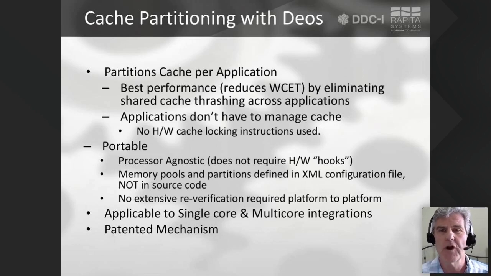For example, there are no hardware cache locking instructions used. In fact, many of the current ARM core processors don't support cache locking. Since the cache partitioning setup is integration-based, this also helps you in certification efforts from platform to platform. It becomes much more simple to perform. The feature also can be used in single or multi-core environments.